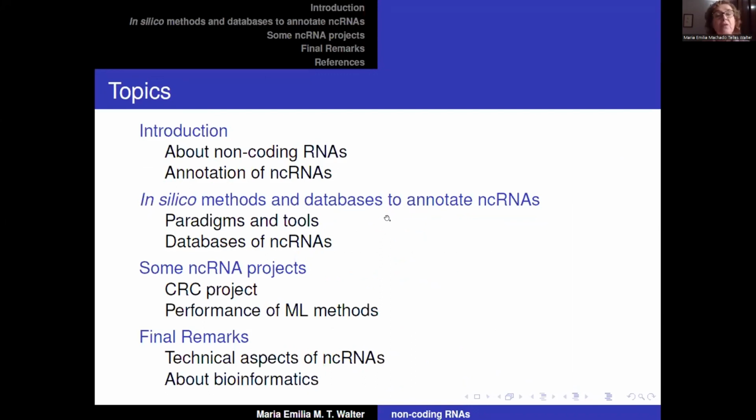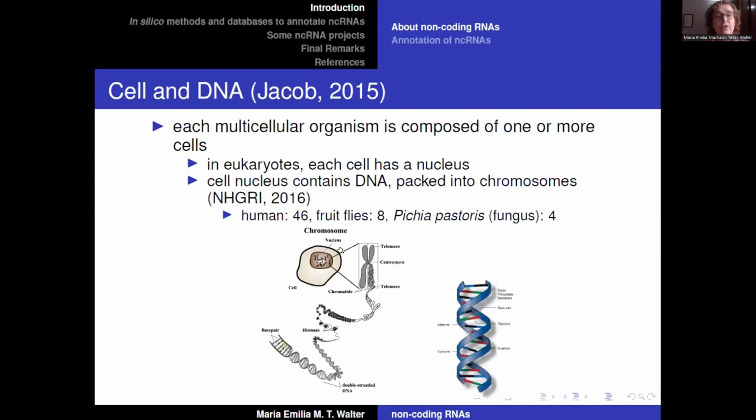Next, I will present very quickly some in silico or computational methods and also databases that are commonly used to annotate non-coding RNAs. I will discuss 2 projects that we have been involved in at my university, and after that I will conclude.